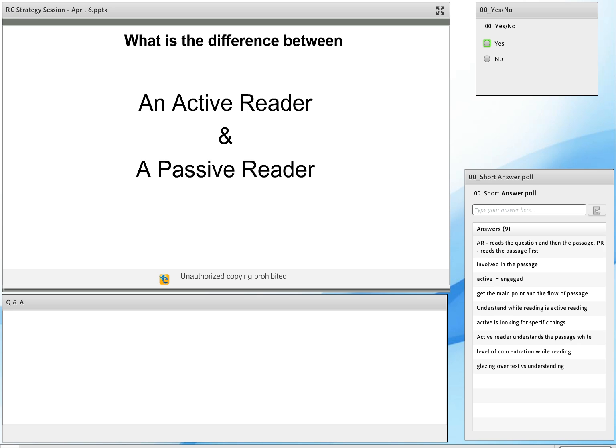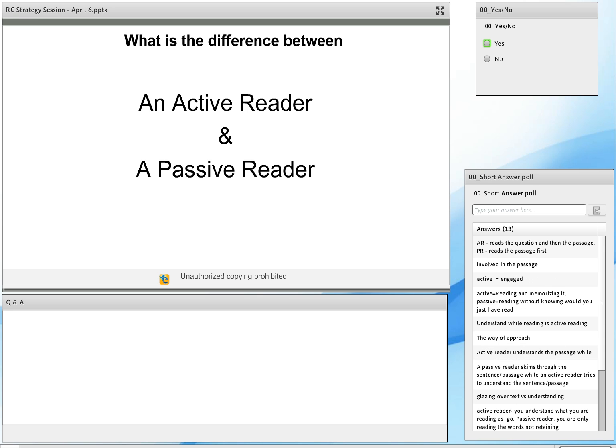Okay. Active reader reads the question, then the passage. Passive reader reads the passage first. And unfortunately, that's not the right response, but thank you for the effort. Passive reader is disinterested. Absolutely right. Active reader, reading and memorizing it. Passive reading without knowing what you've just read. Partially correct.